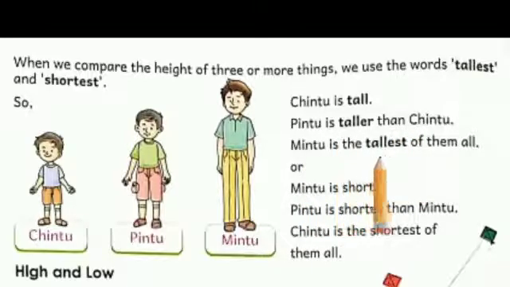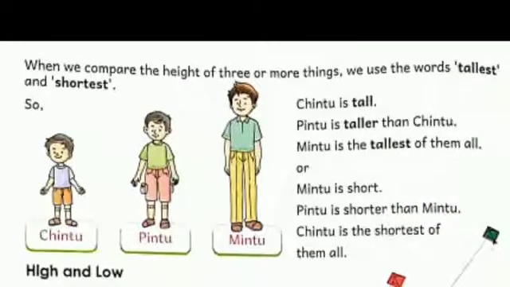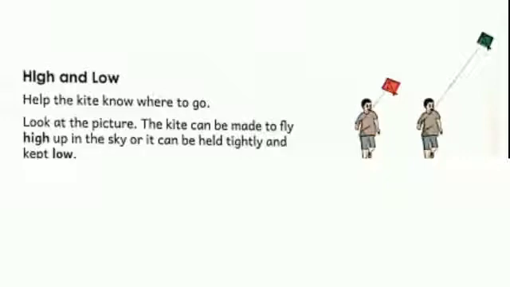Mintu is the tallest of them all. Or you can say Mintu is short. Pintu is shorter than Mintu. Chintu is the shortest of them all. Here Mintu is the tallest and Chintu is the shortest of them all.